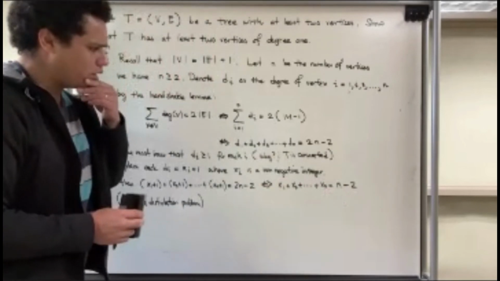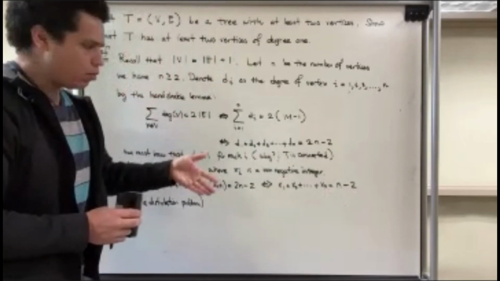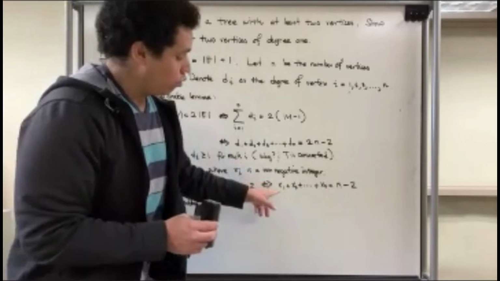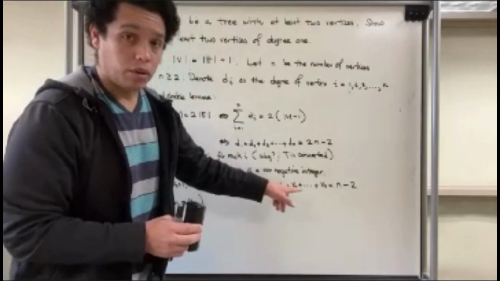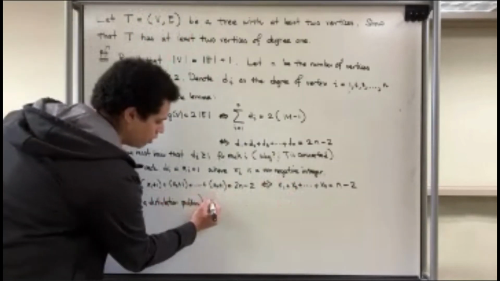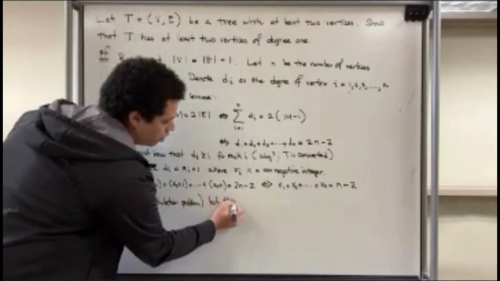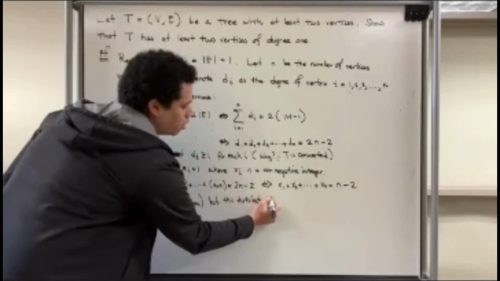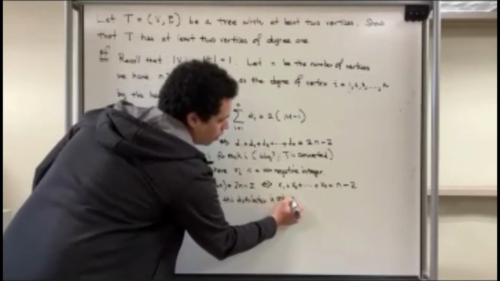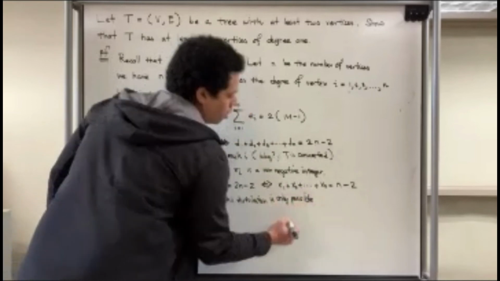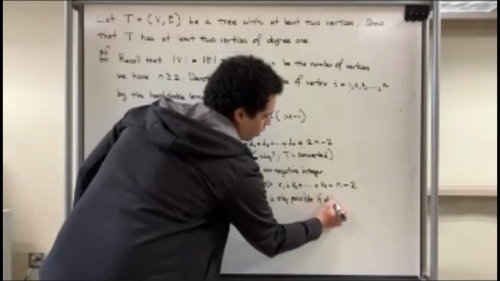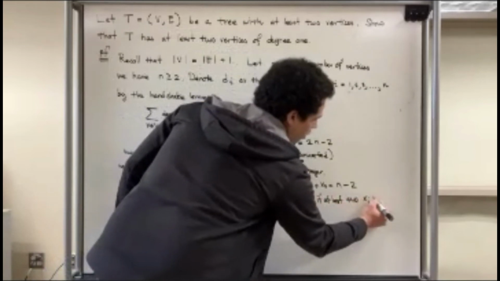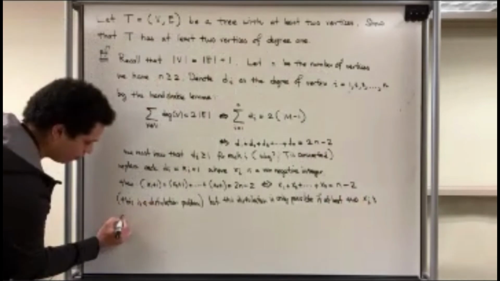But look, the only possible way to perform this task is if at least 2 of these x_i's are 0.